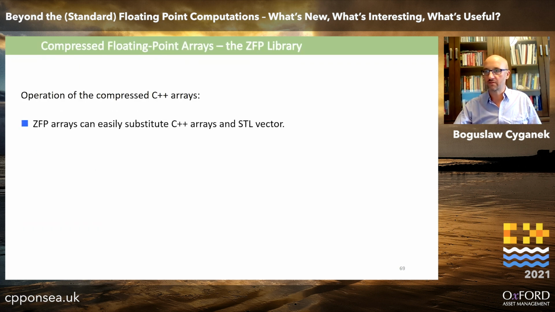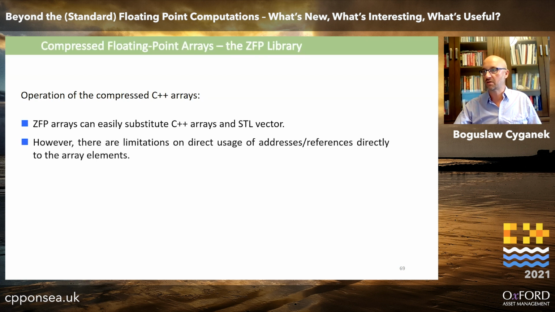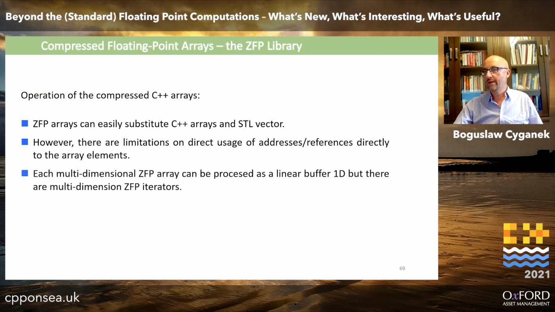As I mentioned, the arrays can substitute std arrays. However, there are some limitations. I will not address them here because there is a mechanism of compression, decompression going on and all these discussions. But each multidimensional array can be processed as a linear buffer.